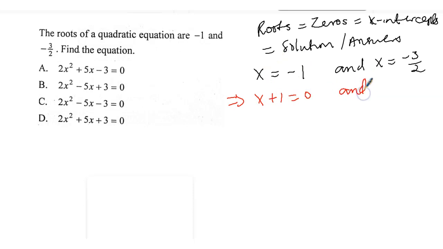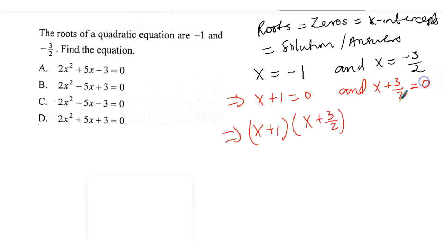And here, x plus 3 over 2 is equals to 0. And even here, we could do more if we want. I don't want you to be confused, but if we want, we could do more. We could have said that here is just going to be 2x plus 3 is equals to 0. Maybe we should have done that. Okay. So here, let's put that in there.